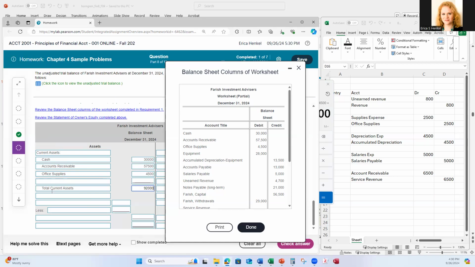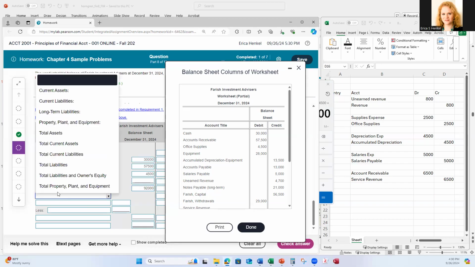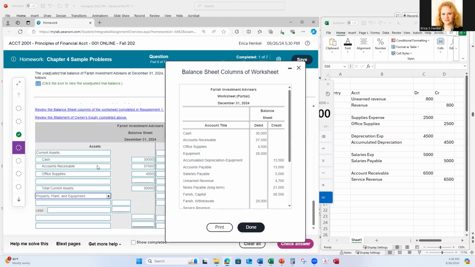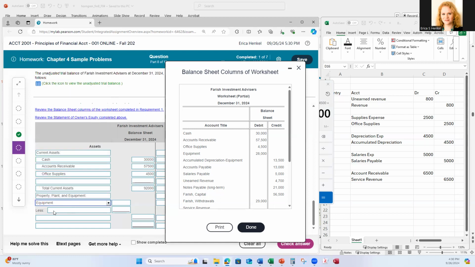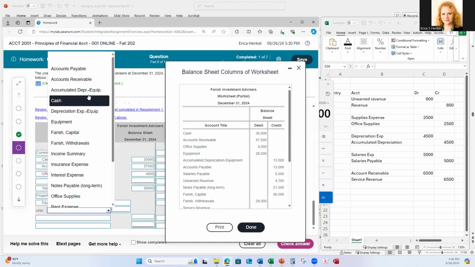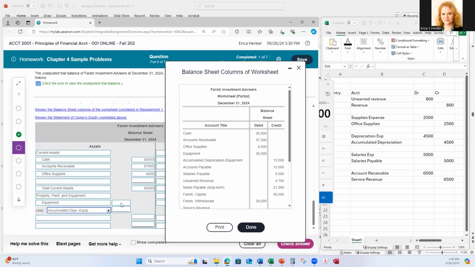Next, however, we're going to have our long-term assets, and we've got equipment, which falls under property, plant, and equipment. And so that's going to be our equipment account, less our accumulated depreciation equipment right there.